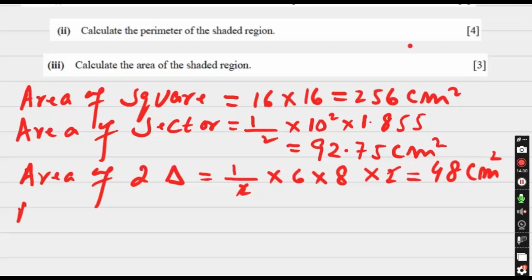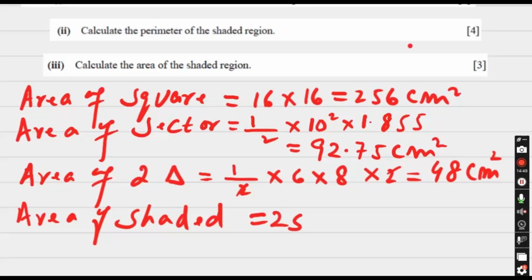Hence, the area of the shaded part: the total area, meaning the combined area of shaded and unshaded part, 256. Subtract the areas of all unshaded parts, that is the area of sector 92.75 minus the area of two unshaded triangles, that is 48.